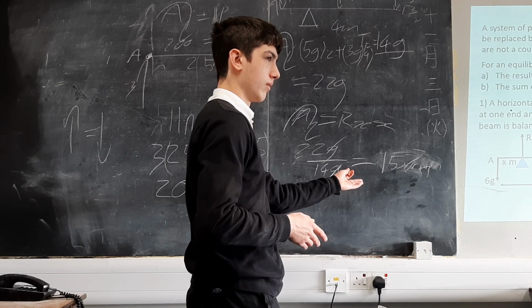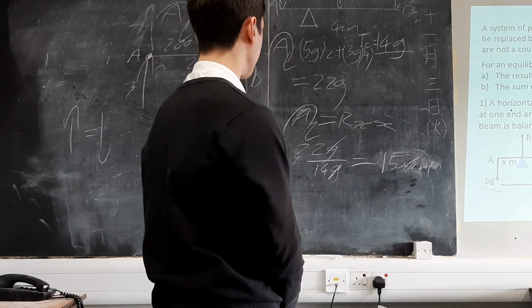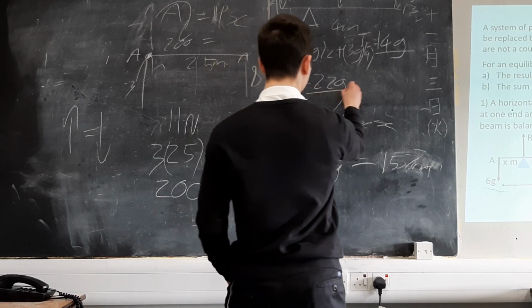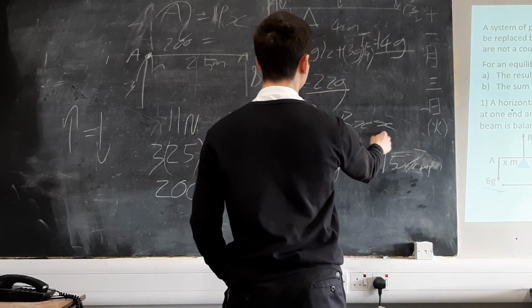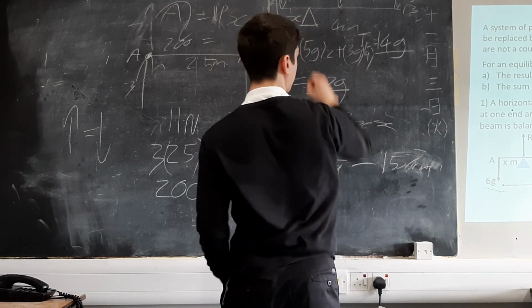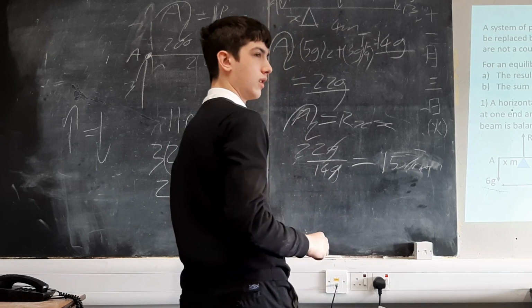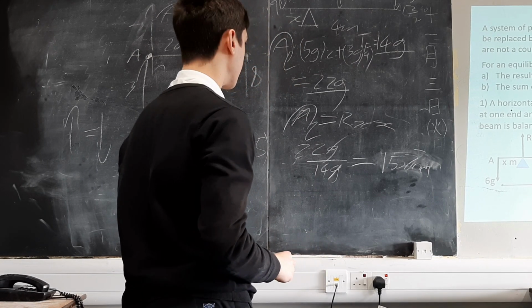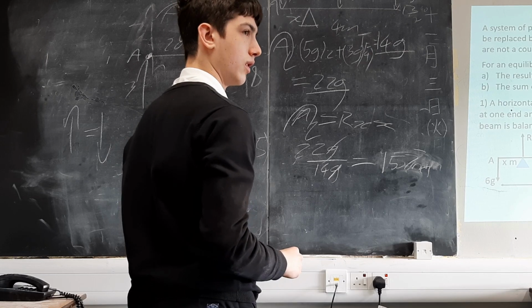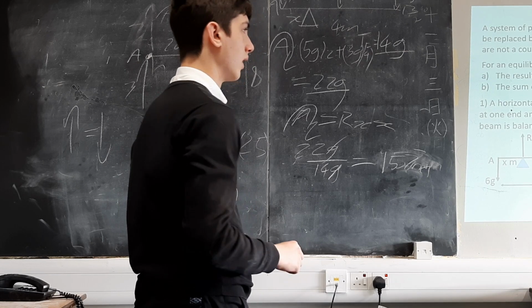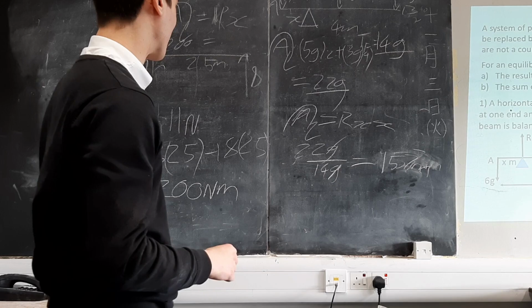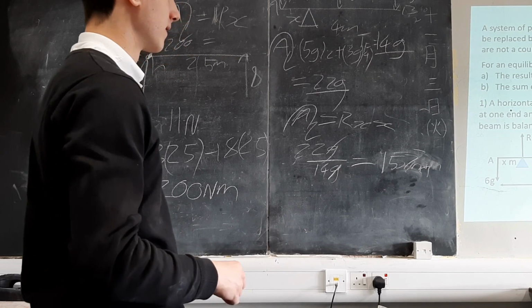So 5 is like 2, which is true. 3 is 4. So we get that, and the point of this is finding x, where the triangle is. Okay, that's weird. It's also very bad to find the position if the beam is balanced. Find the turning point.